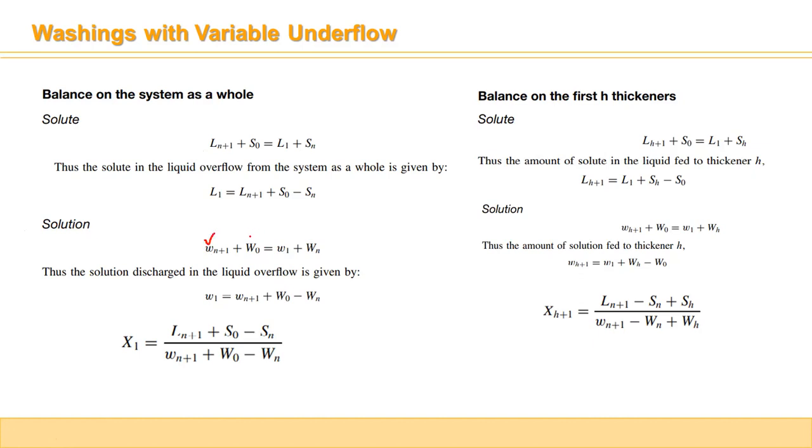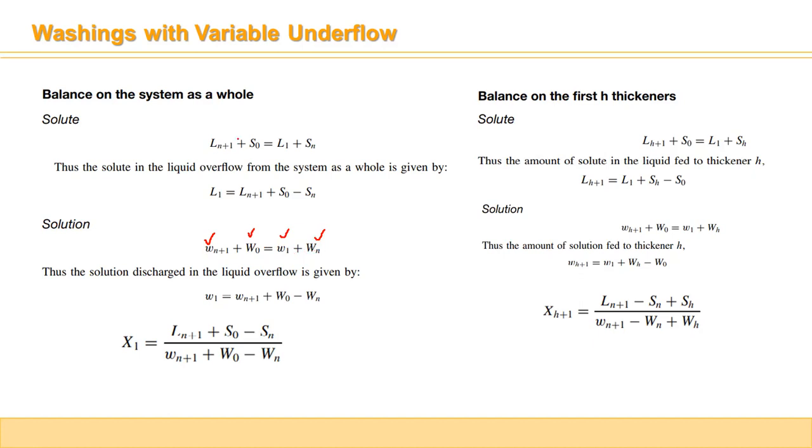The solvent plus the solution in the feed should be equated to the solution present in the final wash water leaving thickener 1, and this is the solution present in the end thickener in your slurry. So what you're balancing here are all solutions.